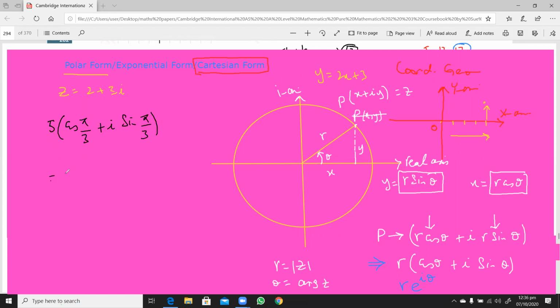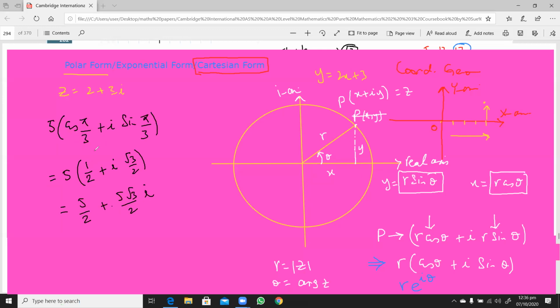We must know that cos pi by 3 is half and sine pi by 3 is under root 3 over 2. So this is going to give us 5 over 2 plus 5 under root 3 over 2 iota. You can write iota before or after this. So this is the Cartesian form of the complex number.